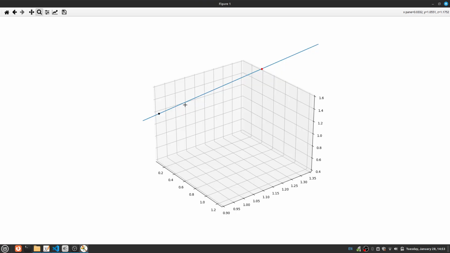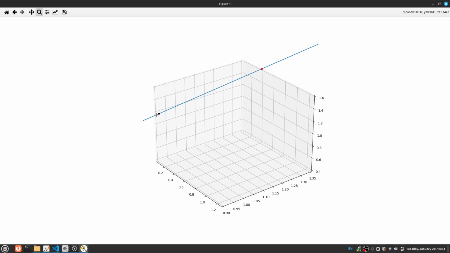So here, this is basically the line, right? It goes all the way from minus infinity to plus infinity. So this is the straight line that passes through these 2 points. And in this case, I let theta vary to be any value between minus infinity and plus infinity. Okay? So it extends infinitely in both directions. But if I restrict theta to only be positive, then it extends only in one direction.